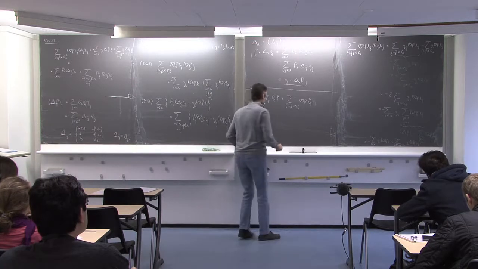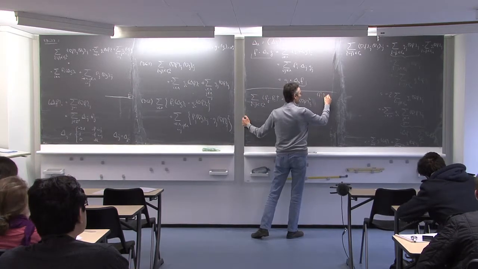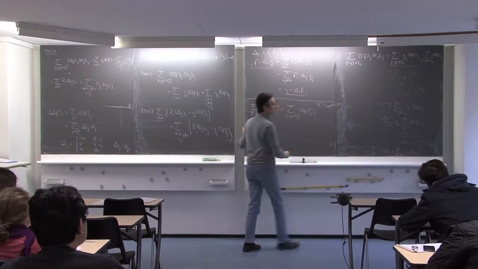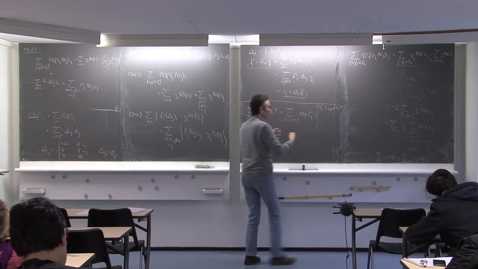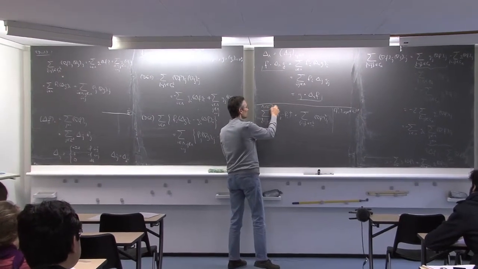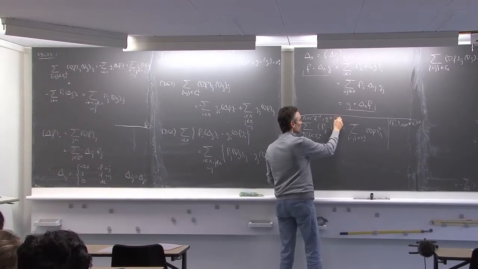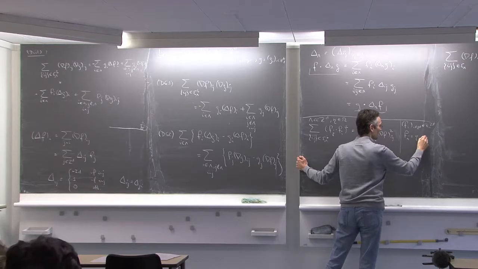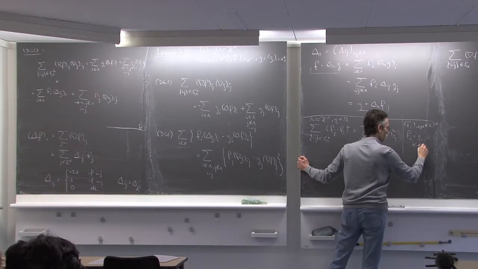So f here is as before. f is just a collection f_i, i in Z^d, of real numbers. And I will assume that f outside the box Λ, so I'm giving myself some finite set Λ, and outside this set Λ, I want f to agree with the boundary condition η. So I want to have f_i equal to η_i for all i not in Λ.